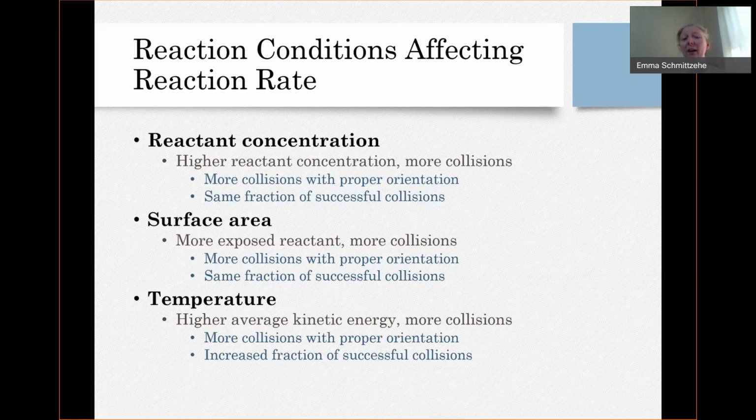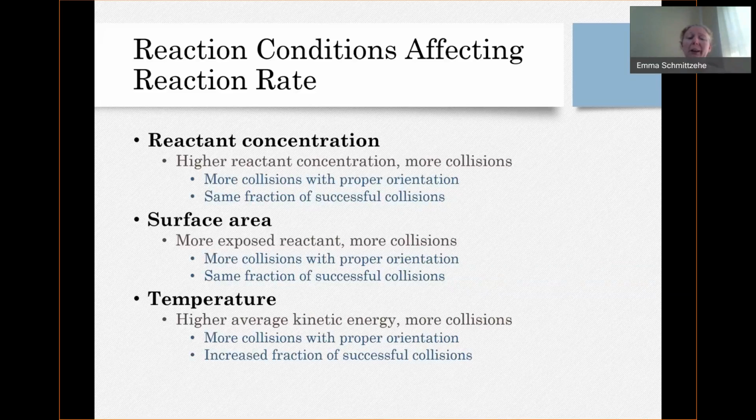And so if you have reactants or products that are very temperature sensitive, so if you increase the temperature, maybe they decompose, then you have to rely on other ways to change the reaction rate. But changing temperature, that's a really easy one. That's a common way people speed up reactions or slow them down.